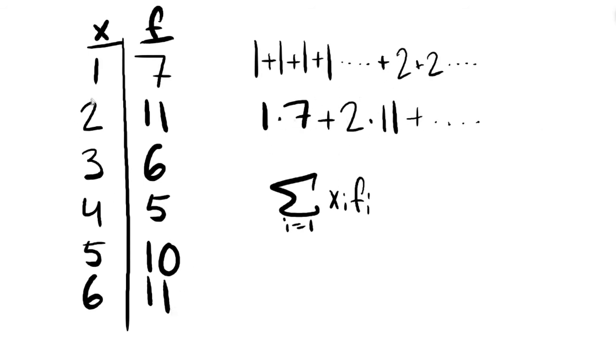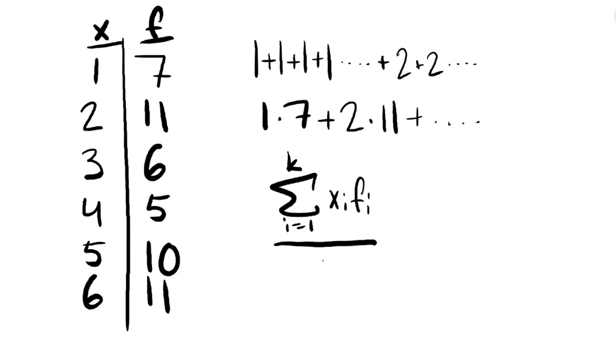We will only have 6 sums, 1 for 1, 2, 3, 4, 5, 6, and not 1, 1, 1, 1, 1, 2, 2, 2, 2, and so on. So we will just do it up to k, where k is the number of classes. And classes is just, well, 1 is 1 class, 2 is 1 class, 3 is 1 class, and so on.